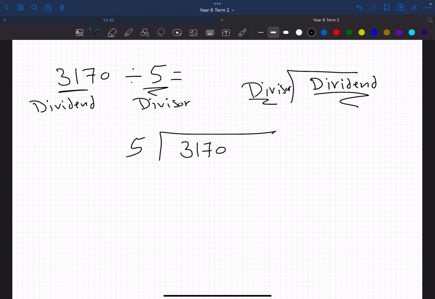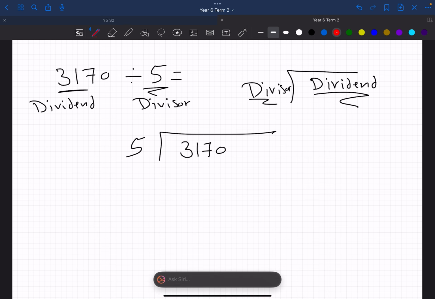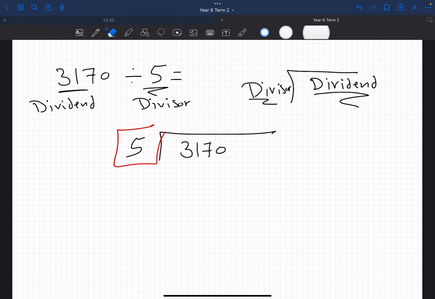3,170 divided by 5. Now, what's the number? Remember, before I start, I will look at the divisor, and I would think of its times table. So I will think of the times table of 5.